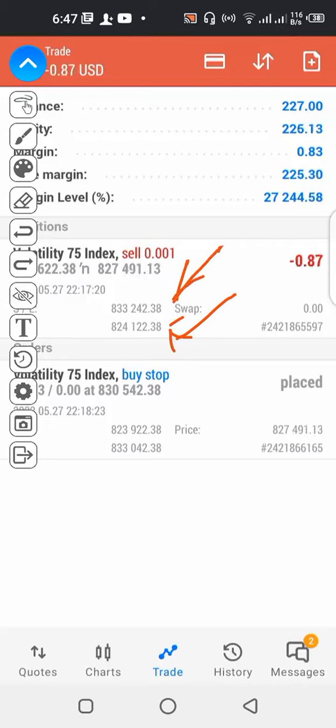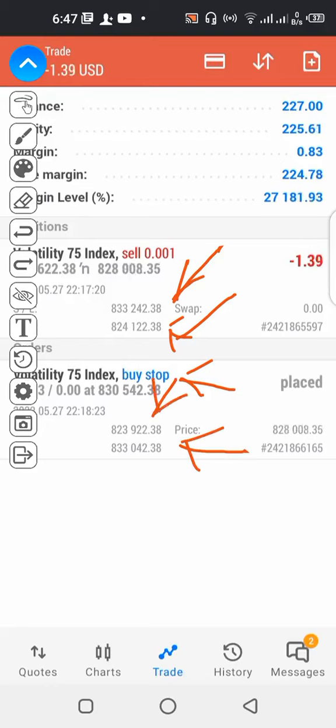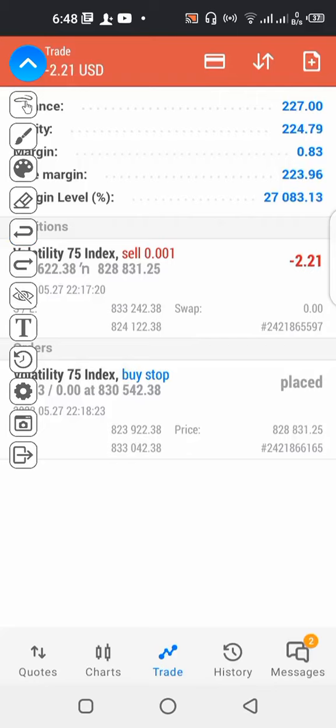My take profit for my buy stop is 833. The stop loss is 823,922. So that's just the calculation.